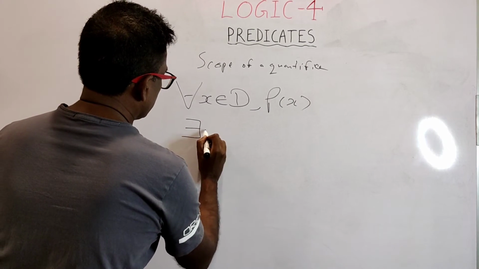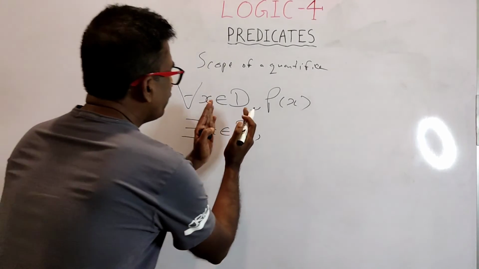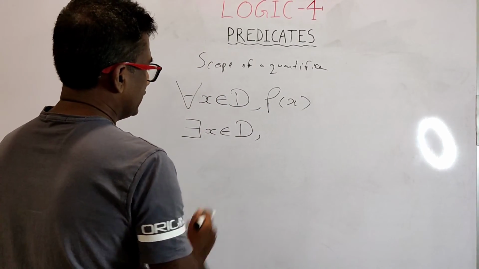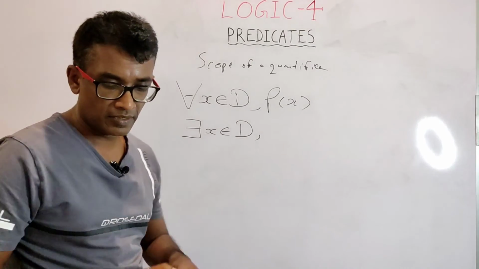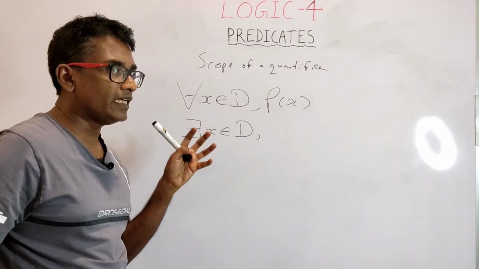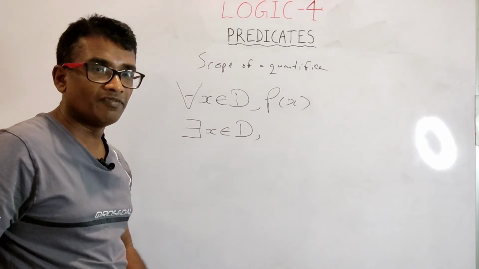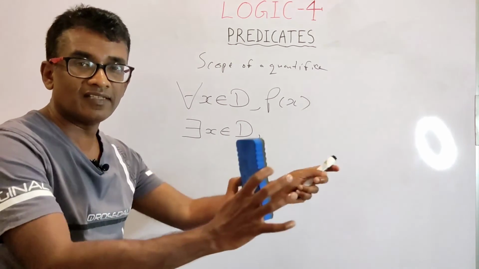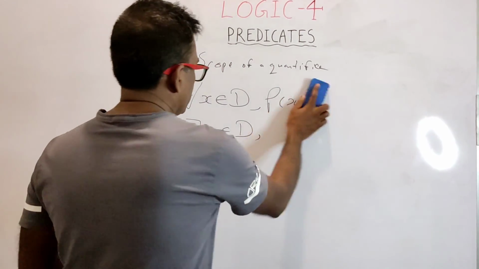When we are writing something like this, we are talking about only one element. That is the scope of the quantifier. That is the kind of area within the universe of discourse where it exerts its power. So we call that the scope of the quantifier.